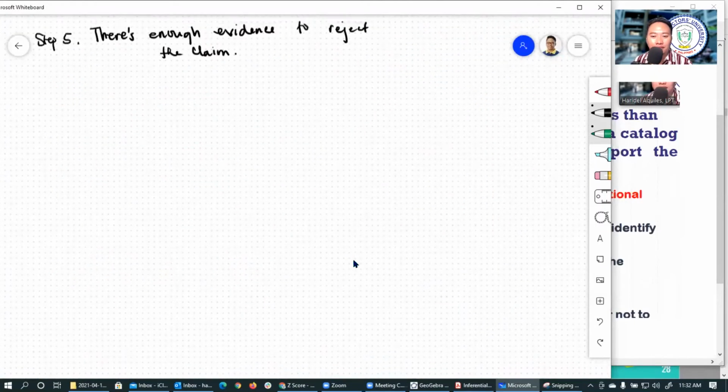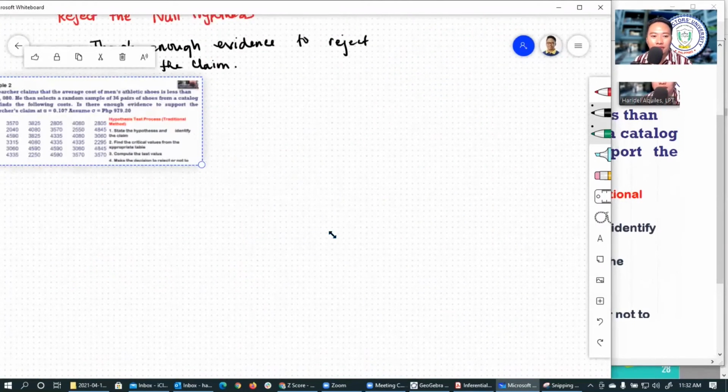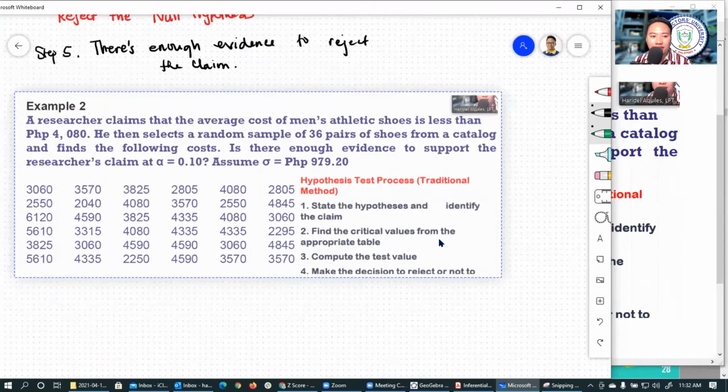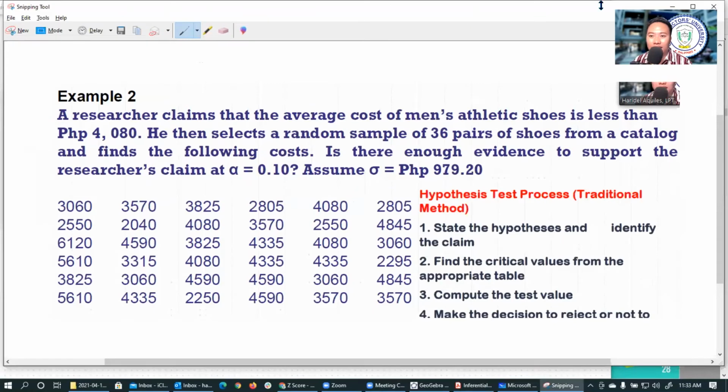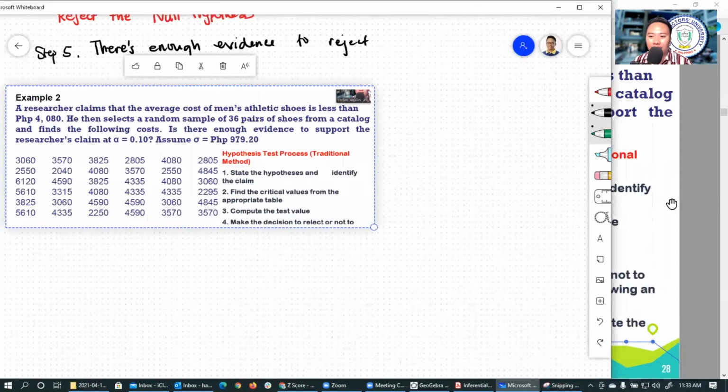Whiteboard here. I hope you can see the screen. And then minimize me, and our chat box. Okay.